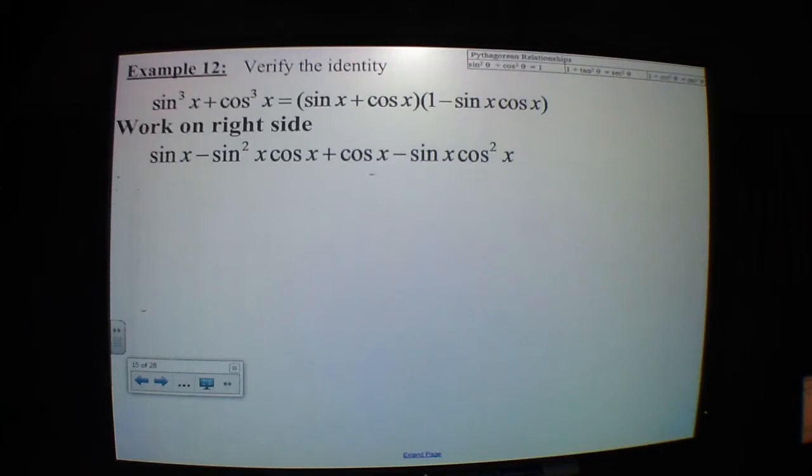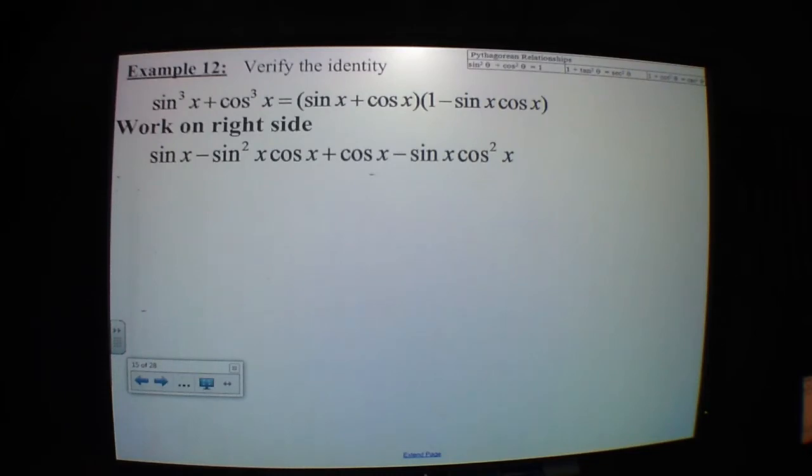Okay, so now that's where I am right here. So let's see where I am. I have a sine squared with a cosine. I have a cosine. And I have a sine with a cosine squared. And I want to get to sine cubed, cosine cubed. You could do some substitutions probably.